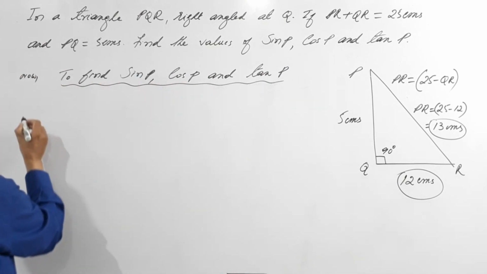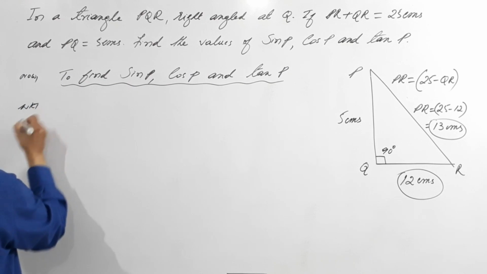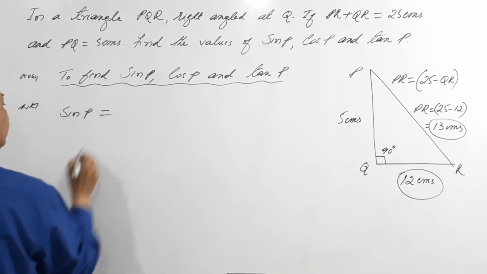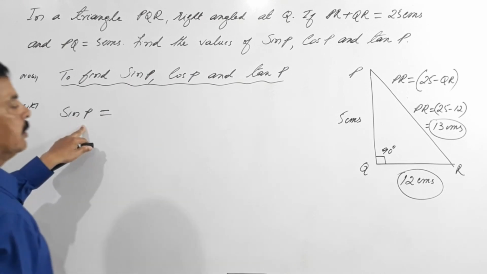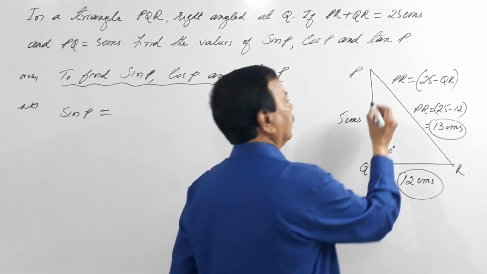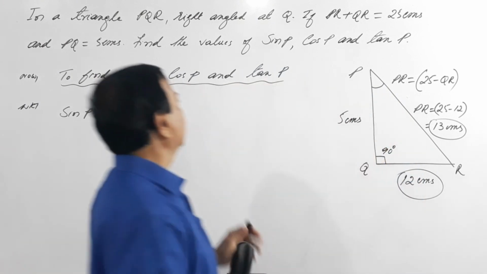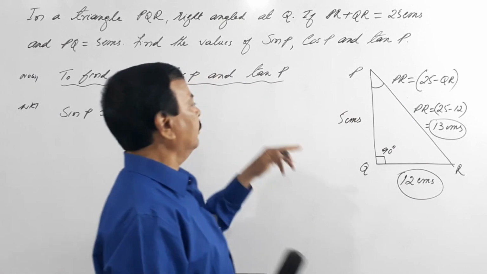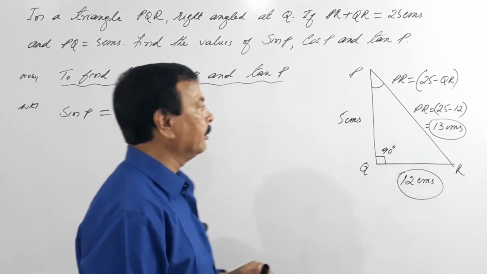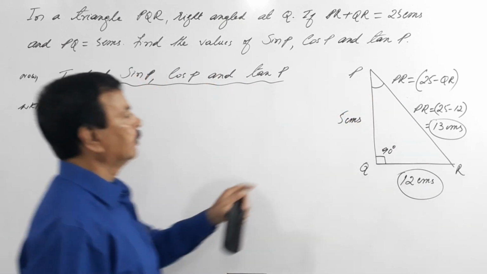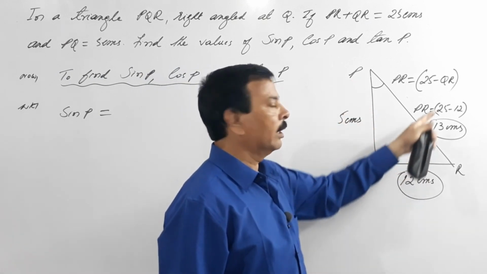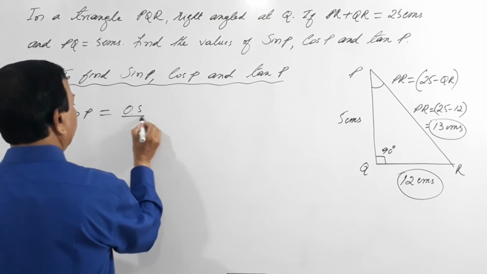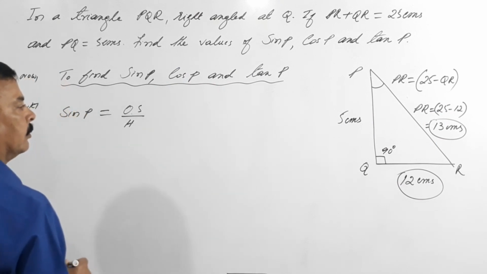Right? We know that sin P. So sin P means you have to take this angle. If you had asked sin R, we should have taken this. Since he is asking sin P, make this as theta. Okay. So sin P will be what?